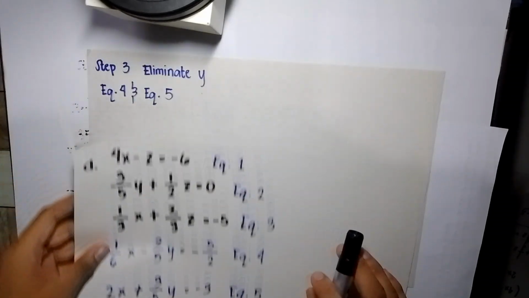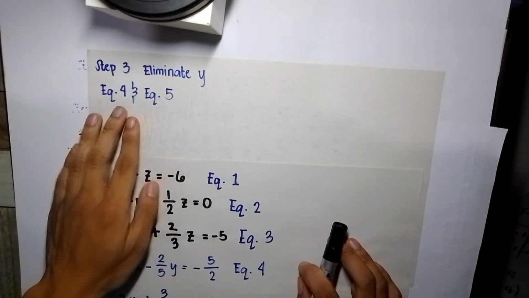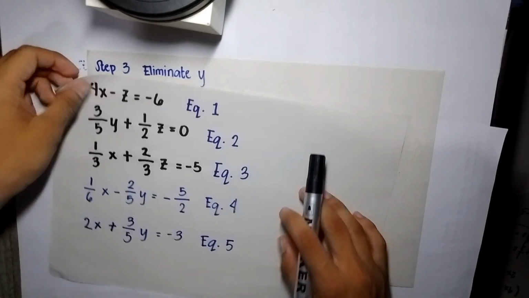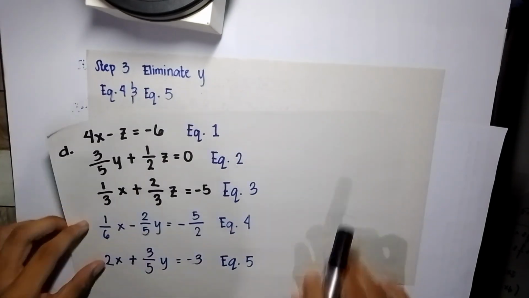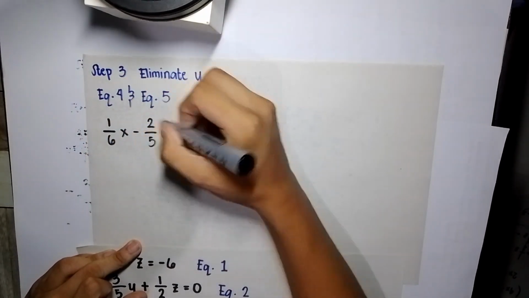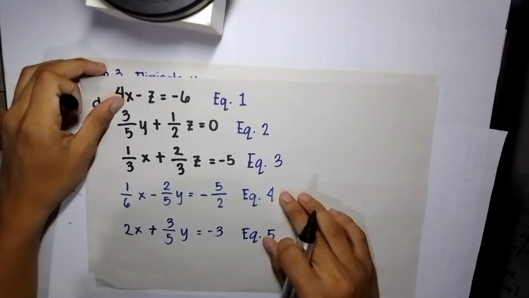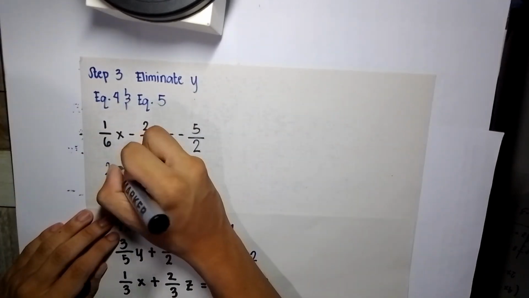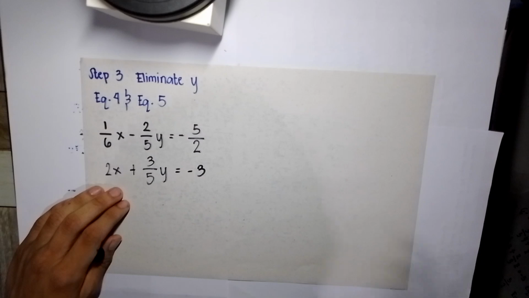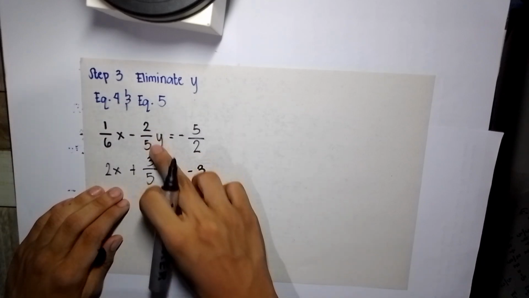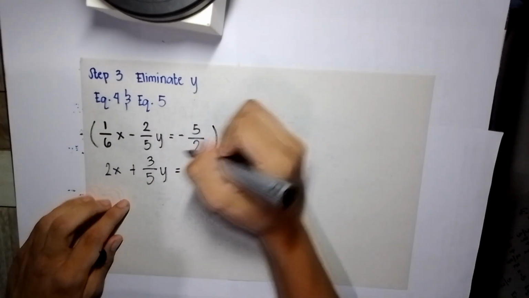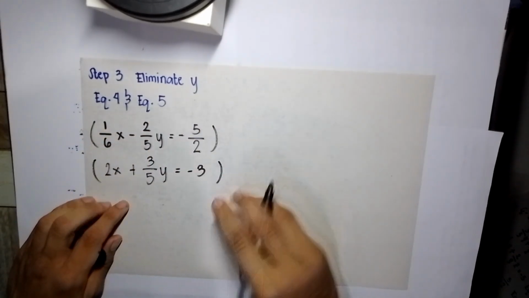The next step, step 3, is we're going to eliminate y using equation 4 and equation 5. Notice that our y has the same denominator. Therefore, we are going to multiply our equation 4 and equation 5.